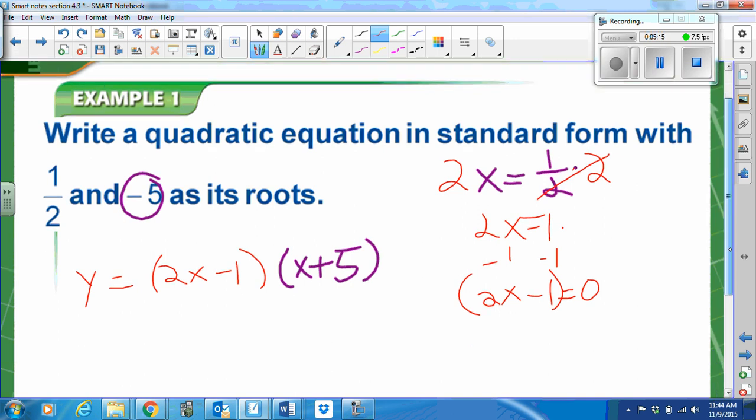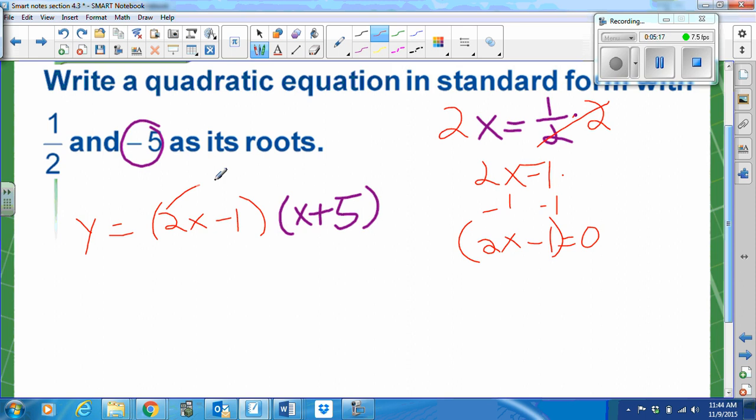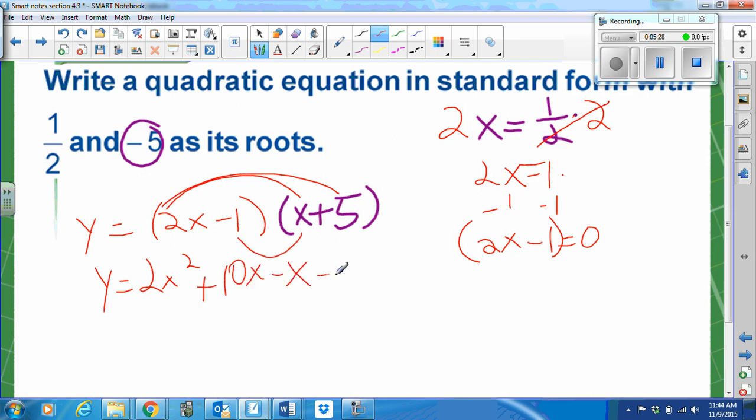If we want to get this equation in standard form, y equals 2x squared minus x minus 5.